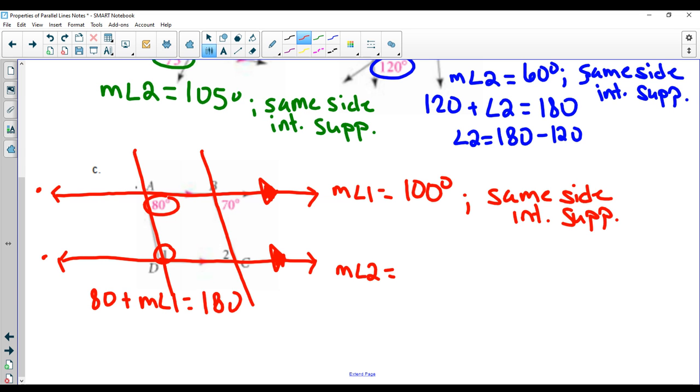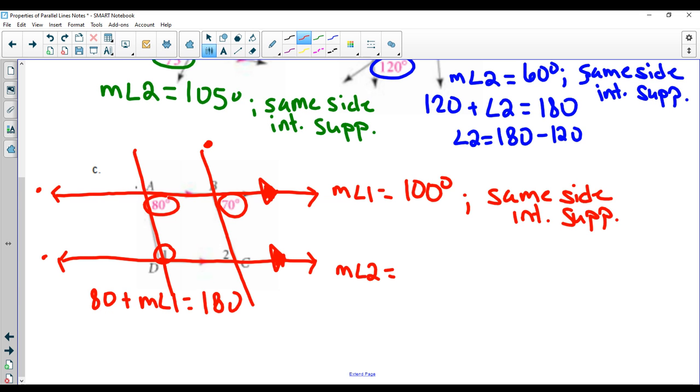And now we're going to find this angle 2. Angle 2 is on this transversal, so the angles are going to be a little bit different. It's a totally other transversal, so ignore what we did over here with 80 and 1.